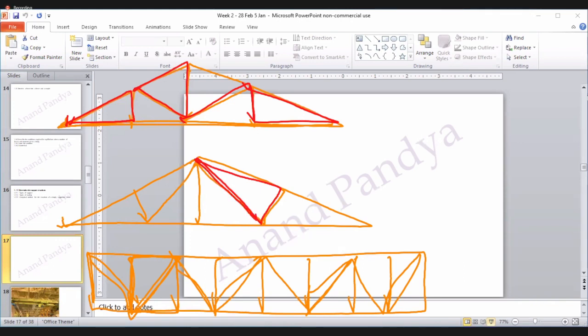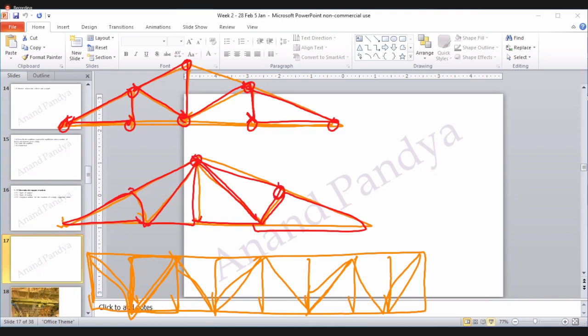triangles are a basic element. And in trusses, every joint is a pin joint, which permits a rotation.